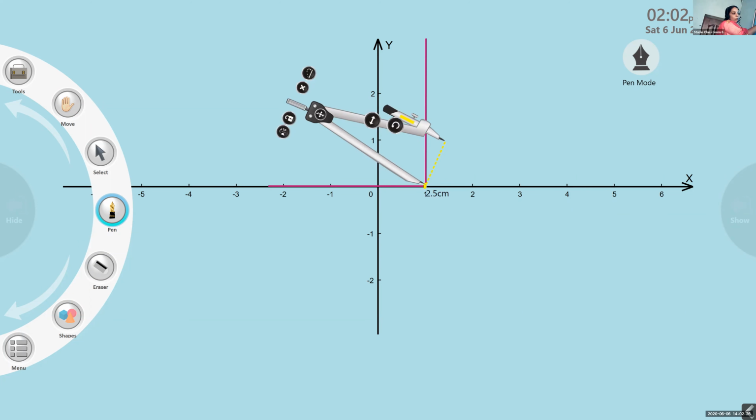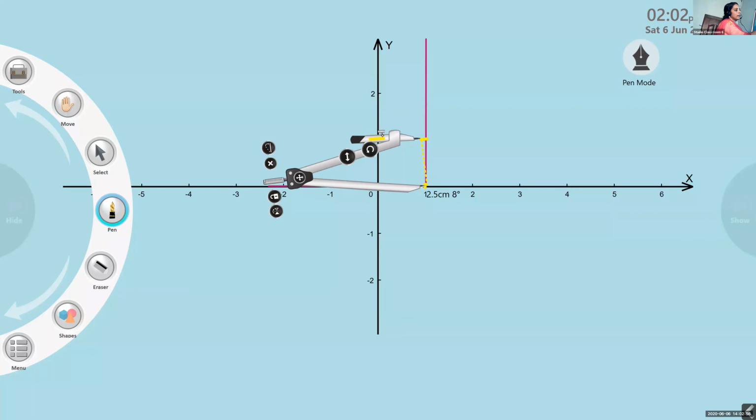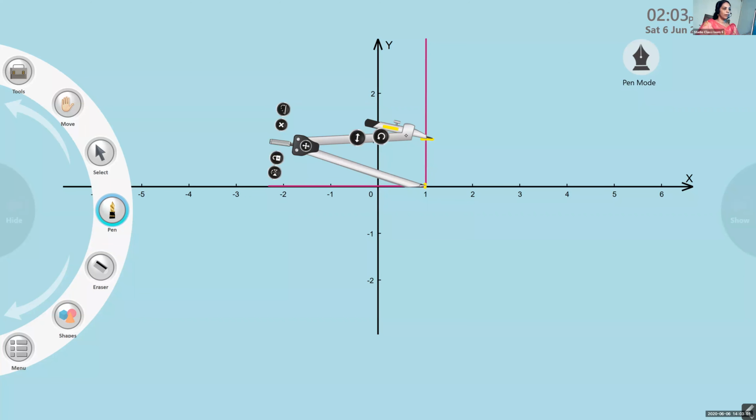Whatever the width here, the same width you have to take there, and draw a small dot or an arc.